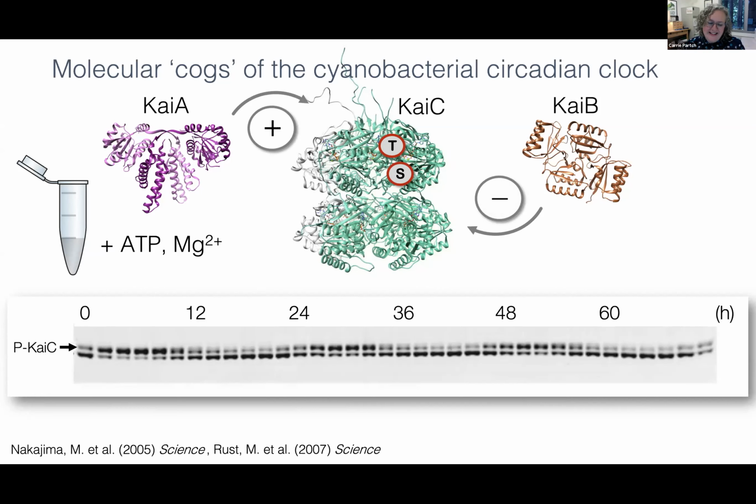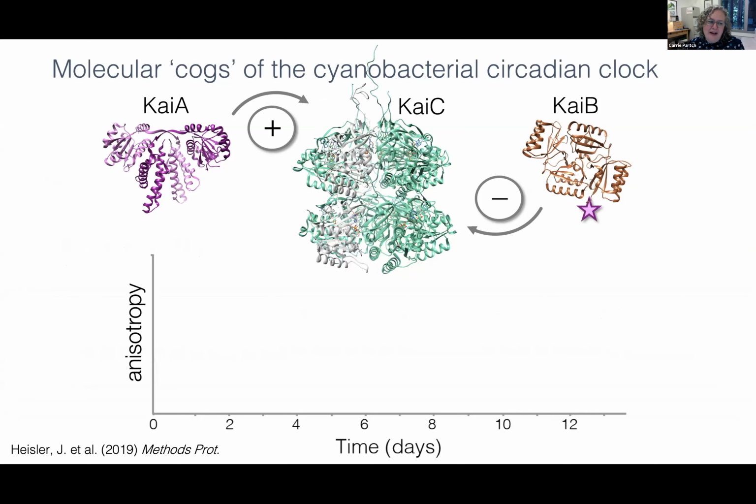Now, just by looking at this SDS-PAGE gel, hopefully you can sort of see the pain that it takes to follow this process over a 24-hour period, you know, diligent sampling and running the samples. So this is where I'd like to describe a new assay that Andy Lee Wong's lab pioneered that's really opened, I think, the possibilities of studying the mechanism of this clock in really fantastic detail. And this really hinges upon use of a fluorescence anisotropy assay where we can attach a fluorophore to this protein KaiB.